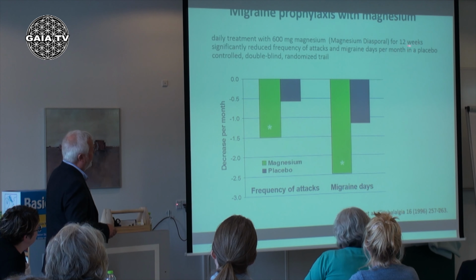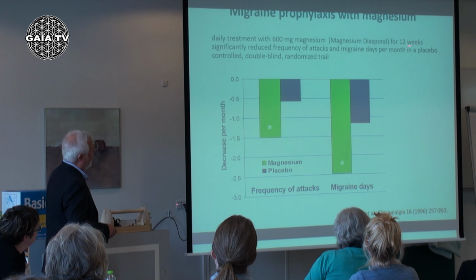Well, in all migraine studies you have a huge placebo effect. However, then you see that magnesium is more effective than placebo. Also, the number of migraine days goes down. So really, this is very effective.